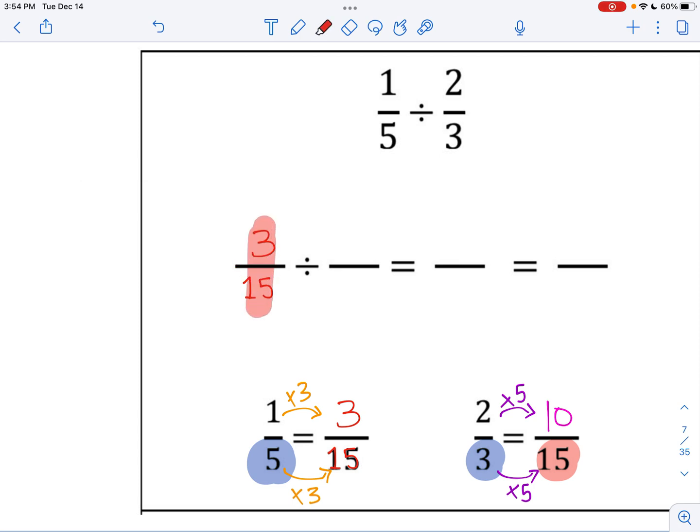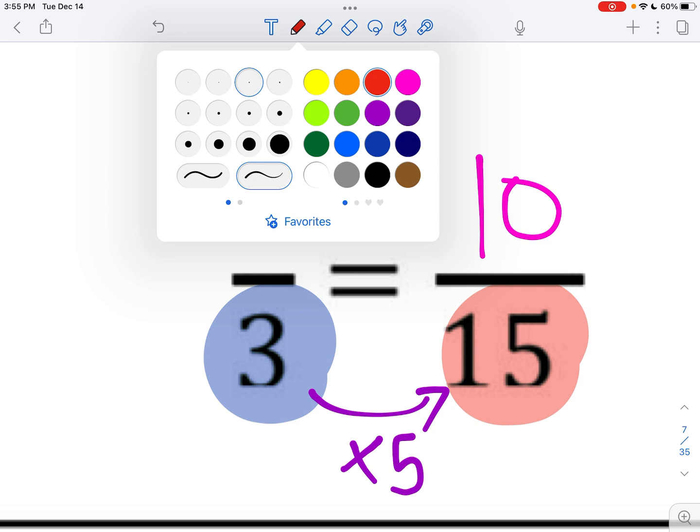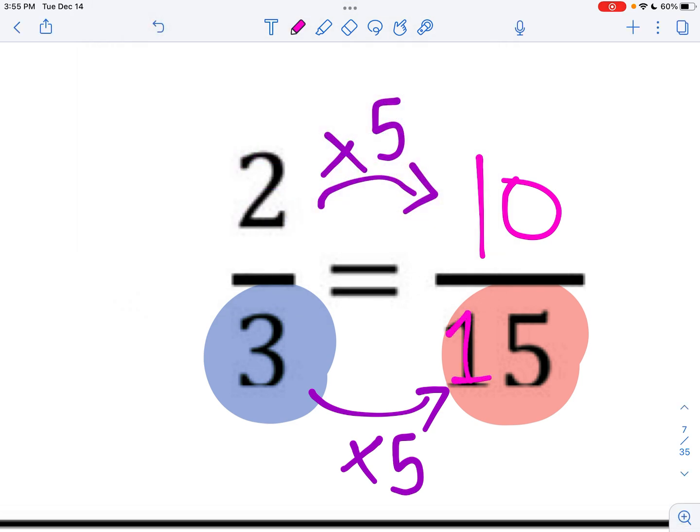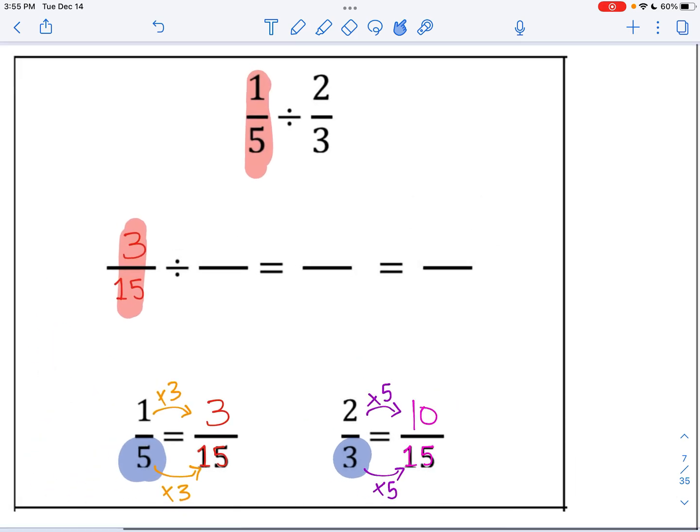So 3/15, 1/5. See how 1/5 was first? Great. My second fraction was 2/3. Then I changed it to 10/15. Gonna get rid of the highlighted part. I'm going to copy, and I'm going to paste it.